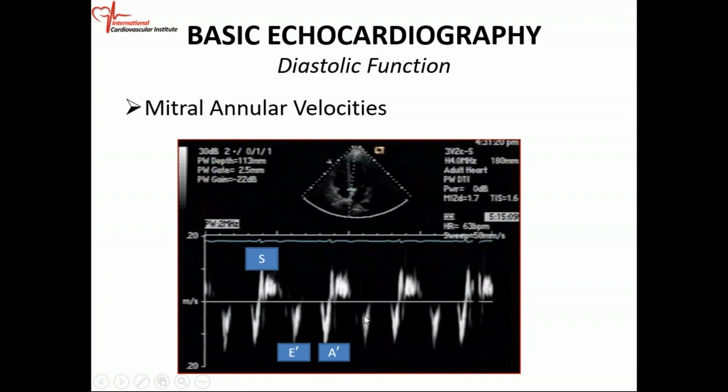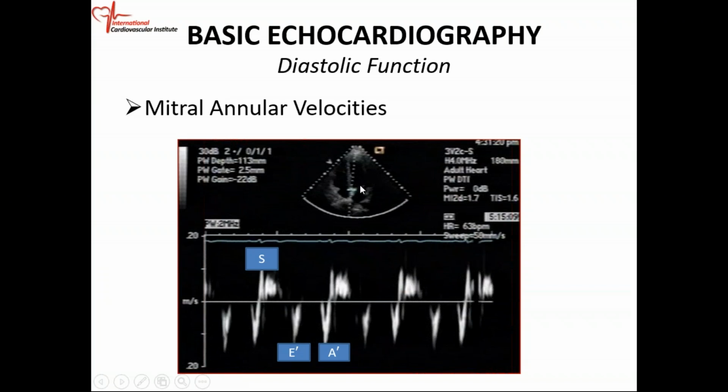You get an early and a late. The early we call your E prime, and the late you call your A prime. If you get a deflection just before that, this is your IVRT. Sometimes you get a very tiny little deflection, sometimes it might be a little bit more prominent. This would be your IVRT, and again, this initial is your IVCT.